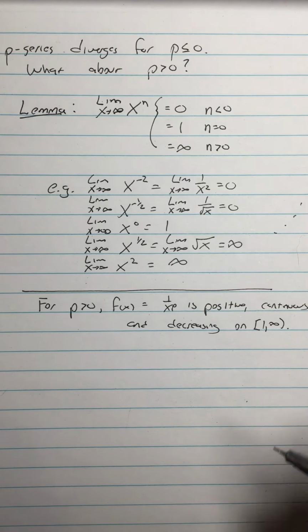What's the antiderivative of x to the negative p for any real value of p? It's x to the negative p plus 1 over negative p plus 1. That's the antiderivative. Just raise the exponent by 1 and divide by the new exponent.